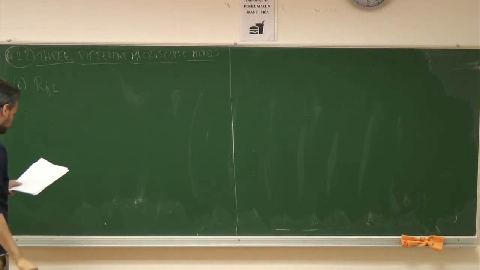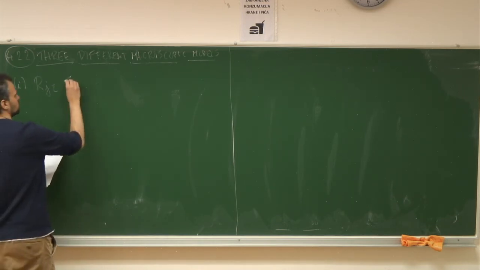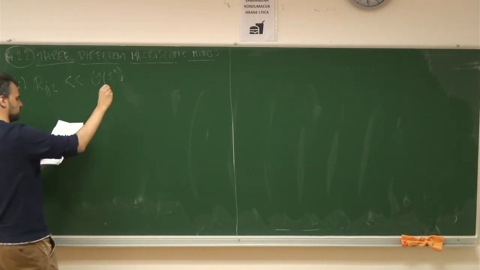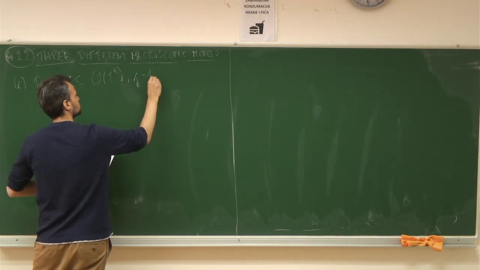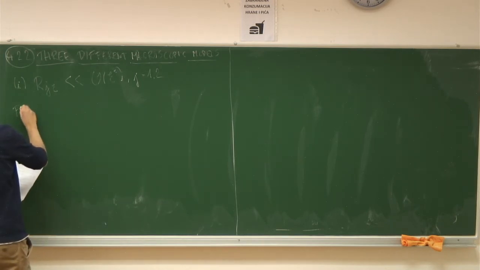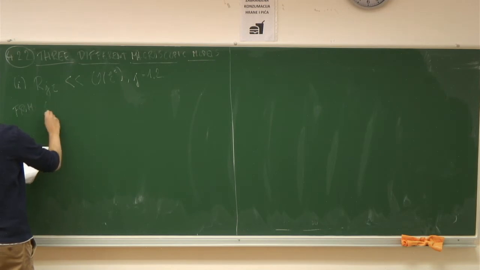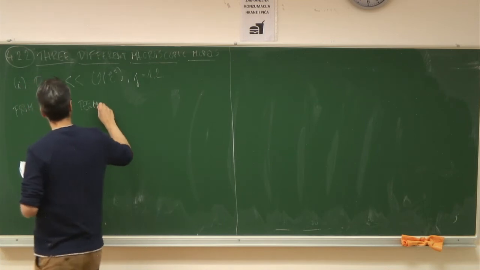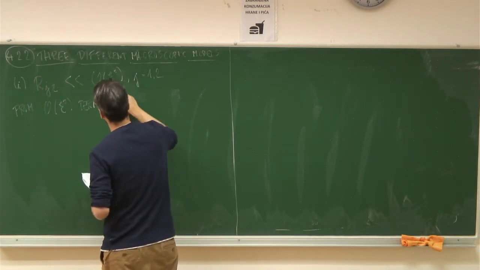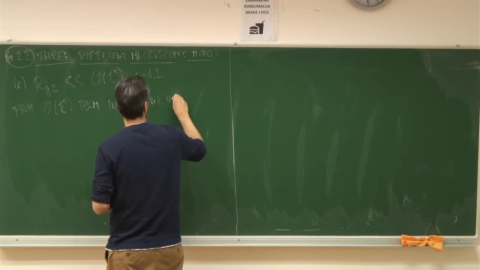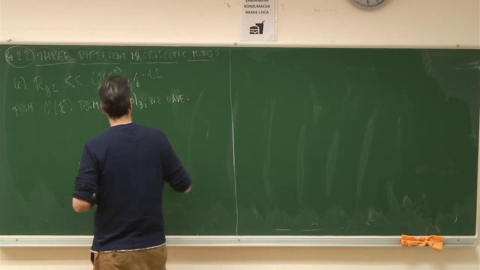So our y epsilon is much smaller than the order of epsilon squared, where y is 1 and 2. Okay? So if this is the case, then from the epsilon squared term, we have the following.